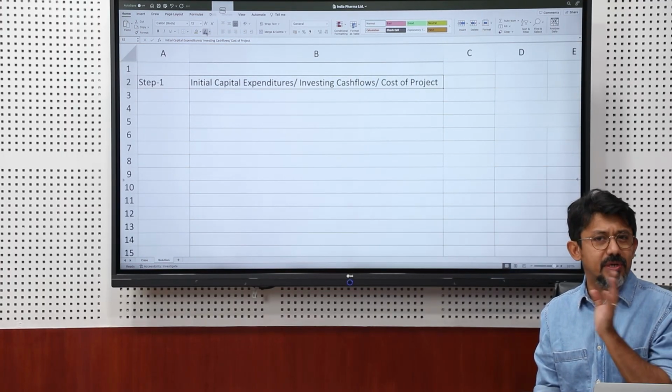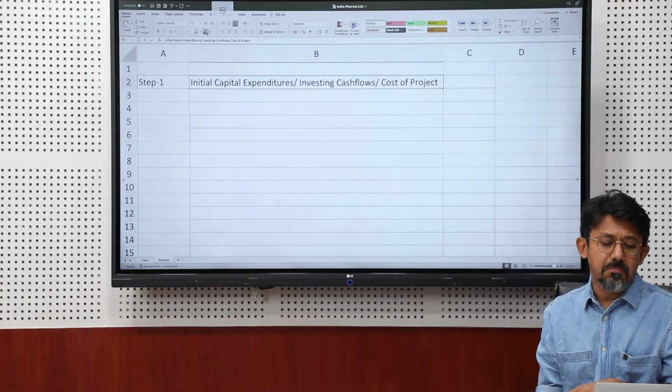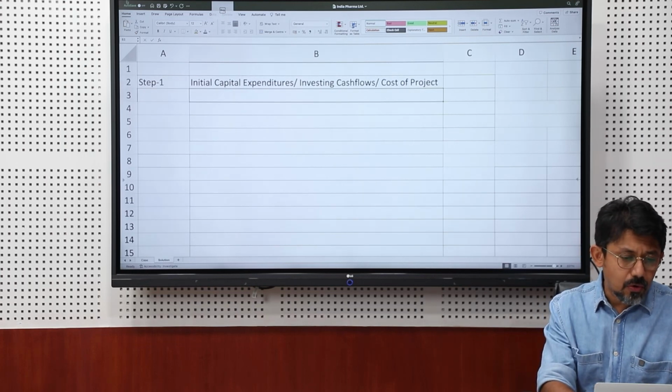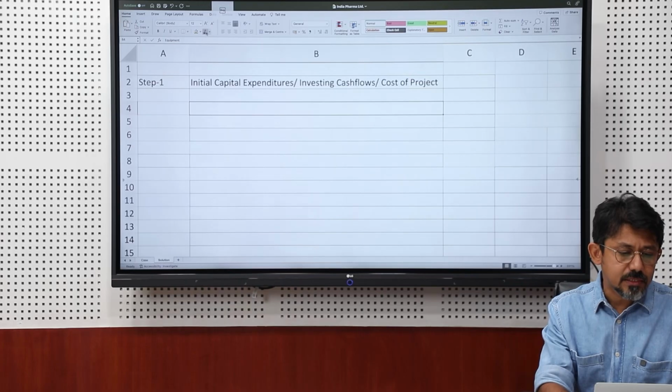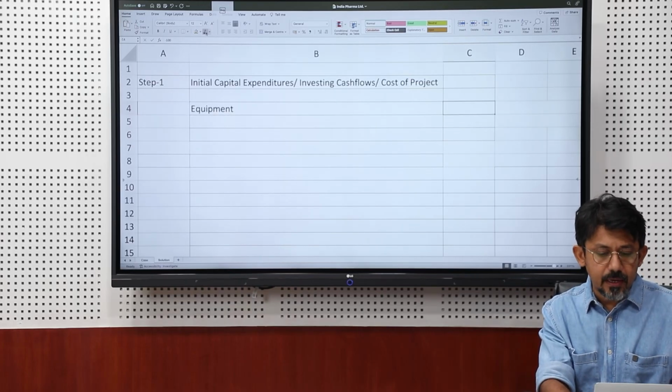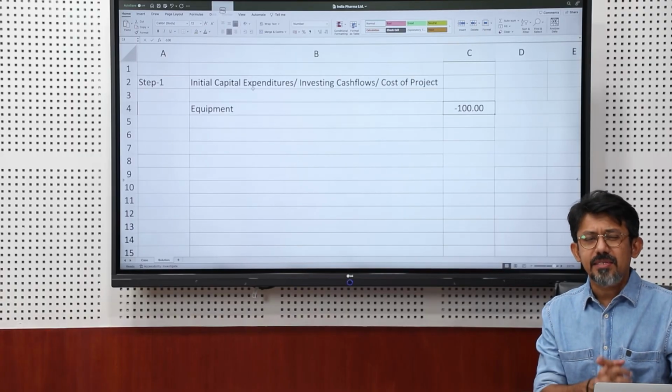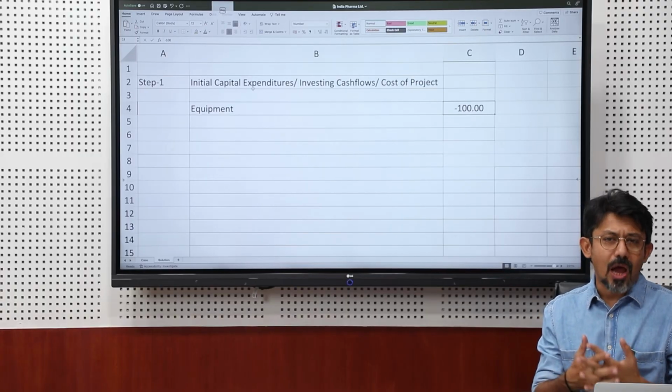It can be called initial capital expenditure or investing cash flows, or it is also known as CAPEX, the cost of the project. Right now, the cost of the project for us is only the equipment, which is 100 million. I have written it as negative essentially because it is a cash outflow.